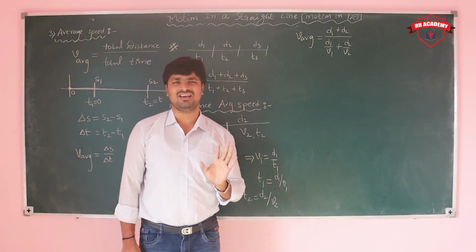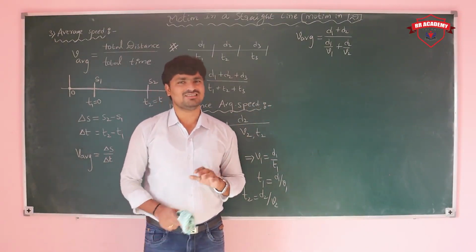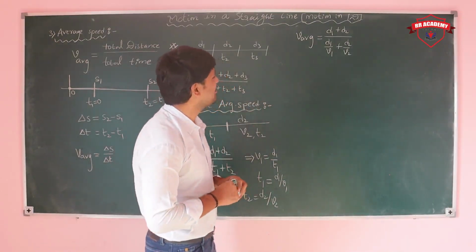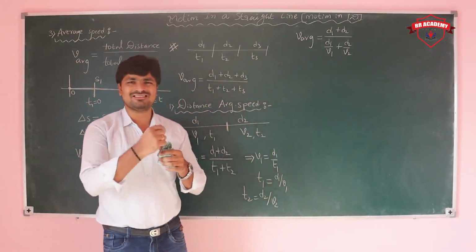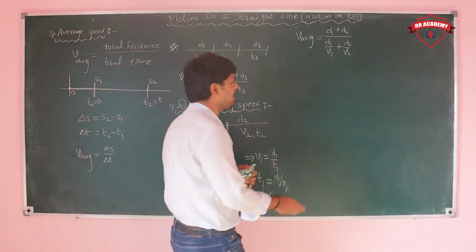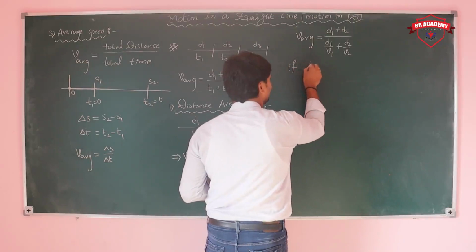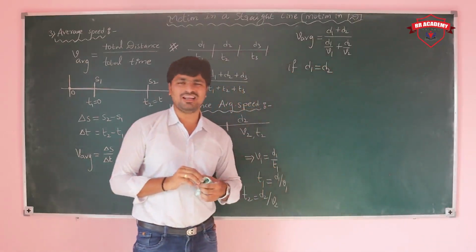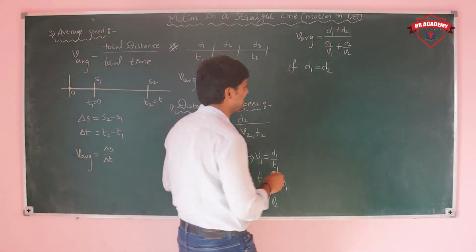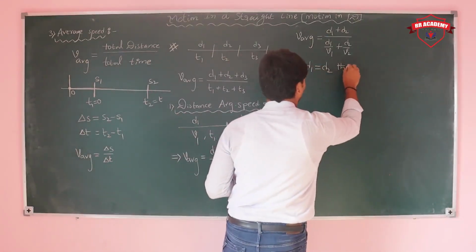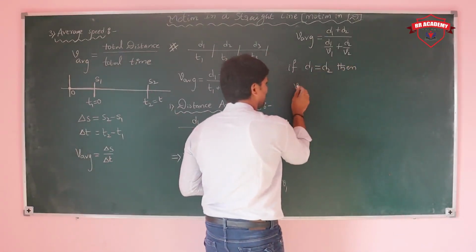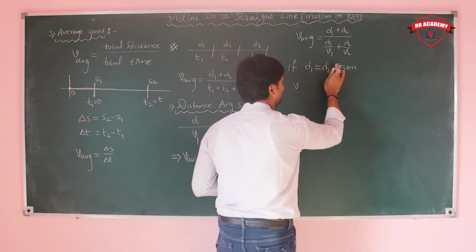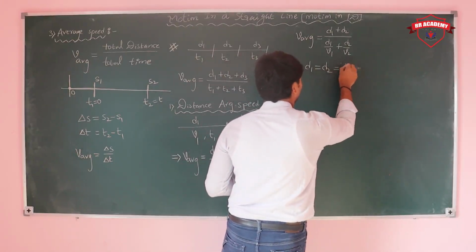In the final expression we have only distance and speed. For example, if the distances are the same, meaning d1 is equal to d2, I am considering the value d.